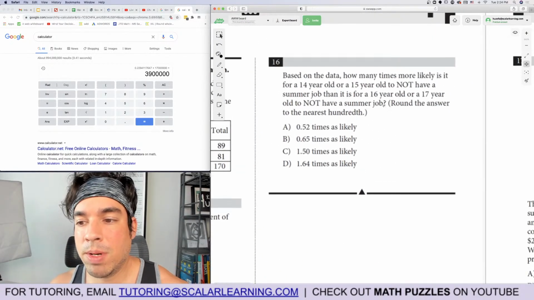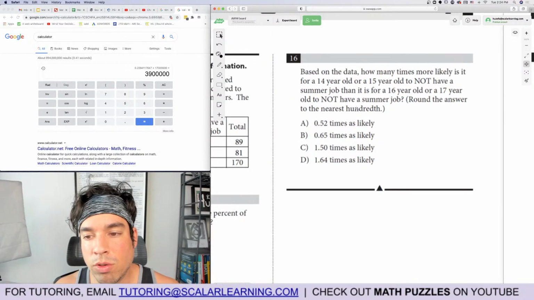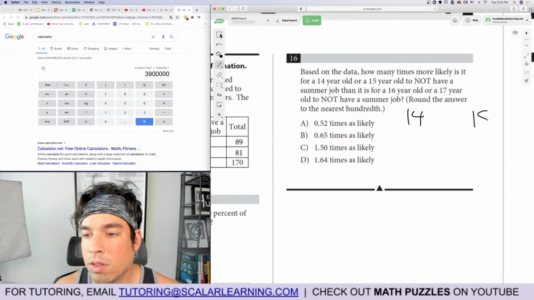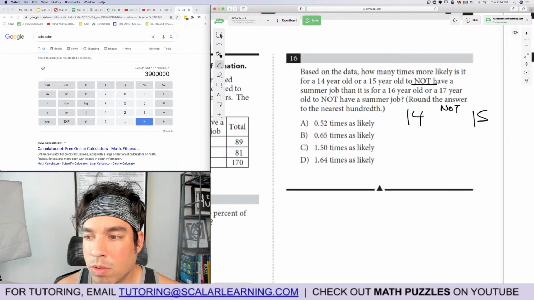16. Based on the data, how many times more likely is it for a 14-year-old versus a 15-year-old to not have a summer job? So 14 or 15, then it is for a 16. I shouldn't have broken it up like this, but whatever. To not have. So same thing.